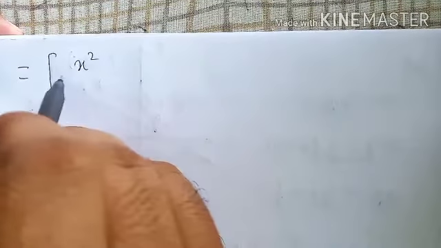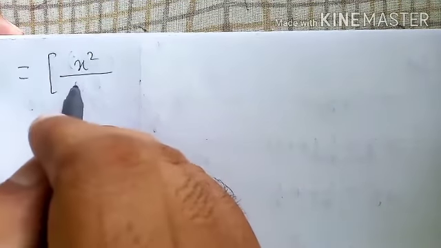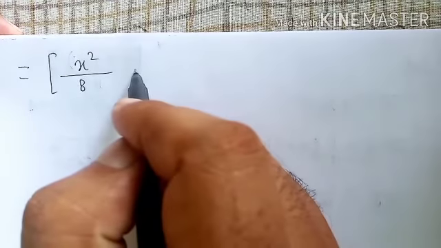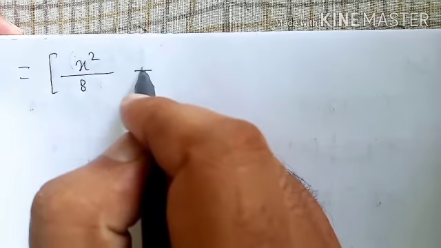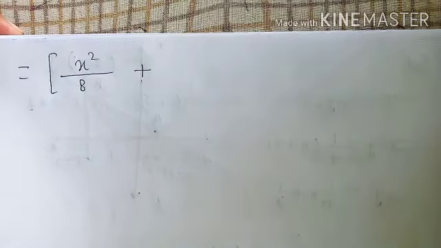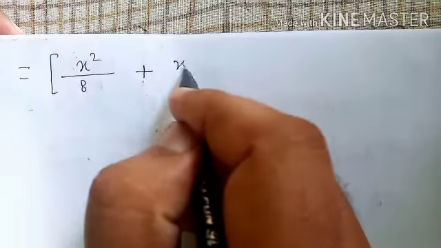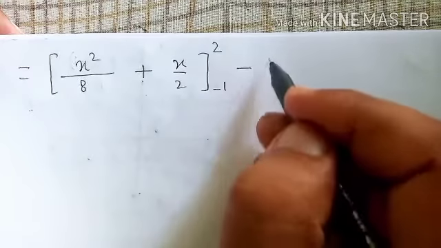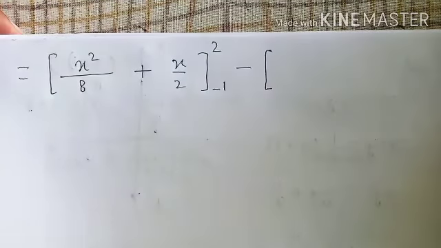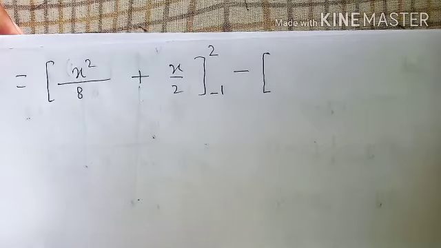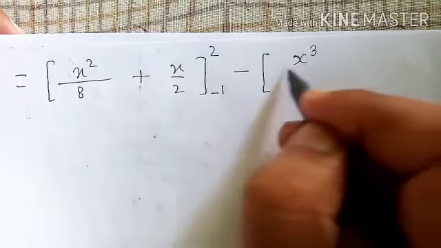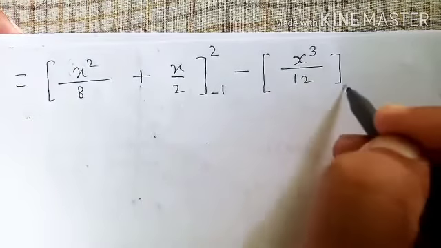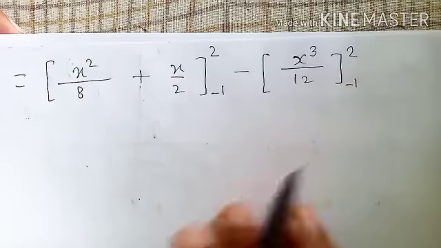Integral of x by 4 is x square by 2 into 4, 8, plus integral of 1 by 2 is x by 2, from minus 1 to 2. Now integral of x square by 4 is x cube by 3 into 4 is 12, from minus 1 to 2.